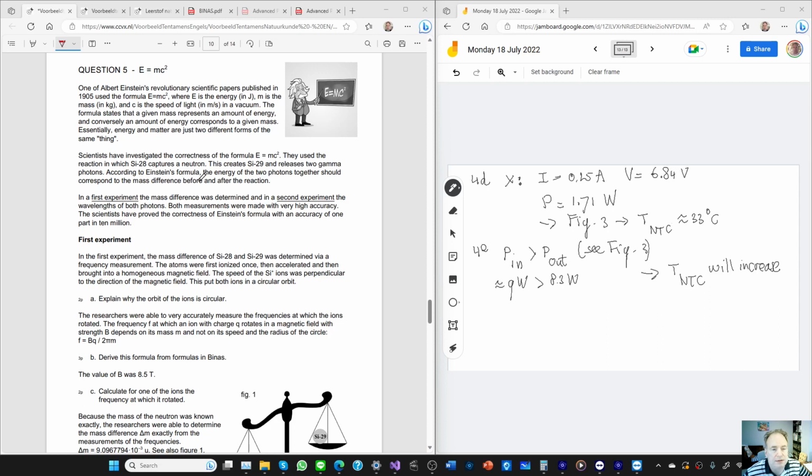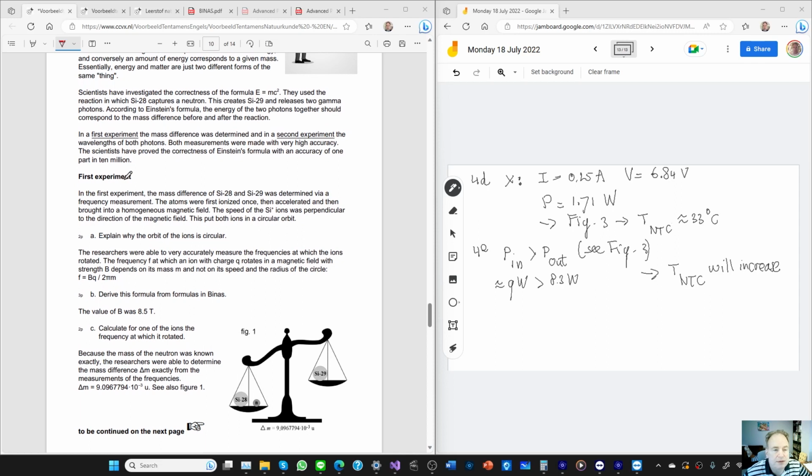And then the energy of these 2 photons together should then correspond to this mass difference. In the first experiment, they determined the mass difference between these two. In the second one, the wavelengths of both photons, which would give the frequency and the energy. And they were able to prove the correctness with an accuracy of 1 part in 10 million.